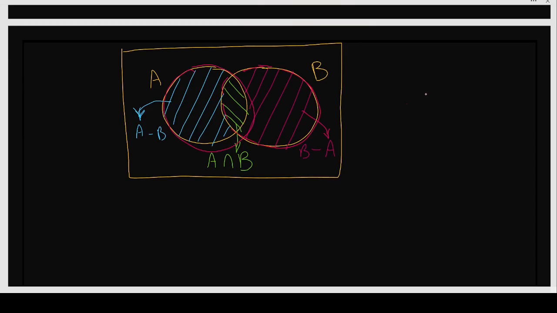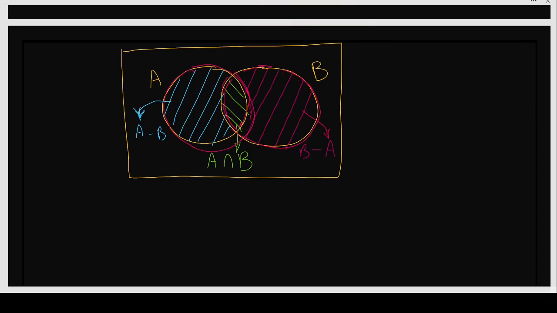This blue portion is A minus B, correct? What is B minus A? This red portion, that hatching, right? Agreed. What is A intersection B? This is the common portion. A common portion. Did you observe that?